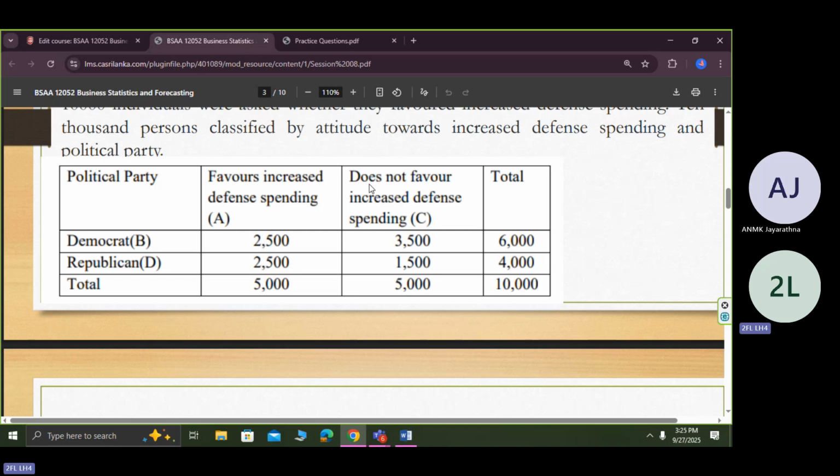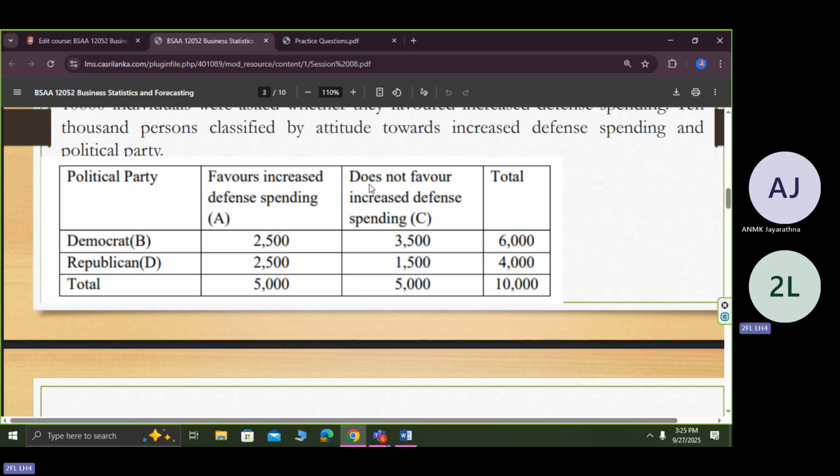Only their political party is considered. One event, no? Tell me how many Republicans there are. 4,000. Then the probability is 4,000 over 10,000. Understood? This probability concept we call marginal probability.